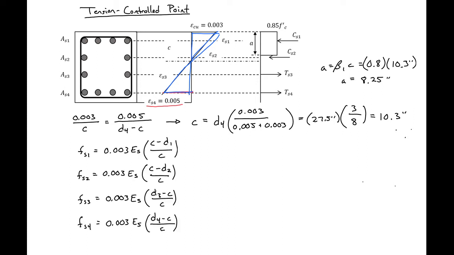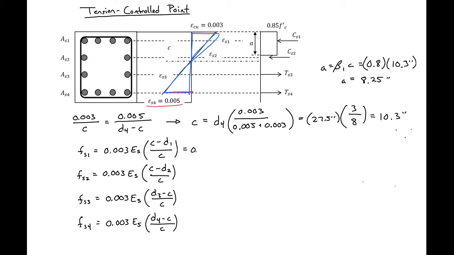With our c, we can now calculate the steel stress in each one of our layers of steel. And we can remember that wherever our stress is greater than 60 ksi, we'll use our yield stress. All right, so let's go through and calculate the stress in each layer.